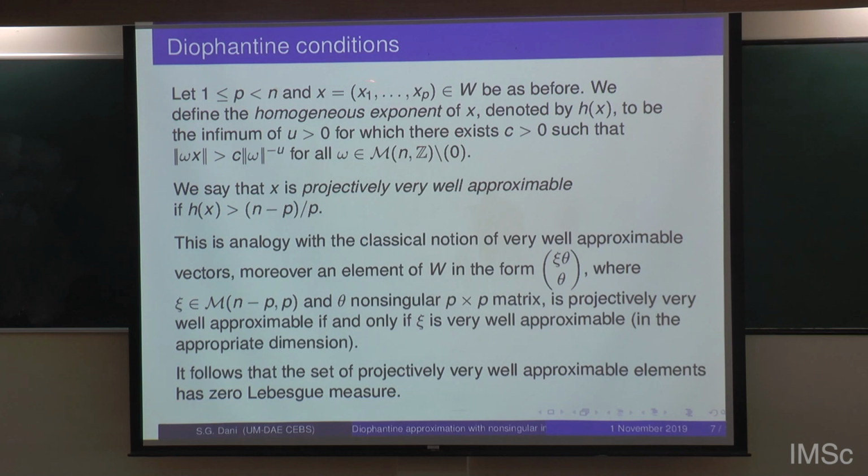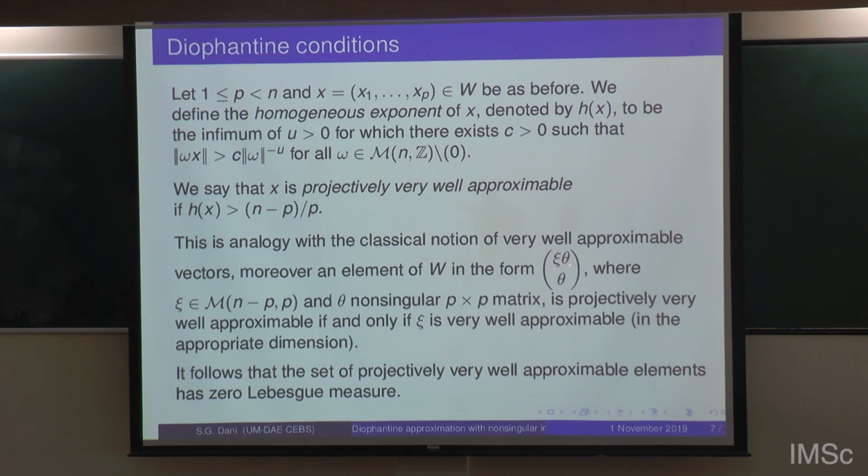For almost all of these, there will be a block, where theta is a p cross p non-singular matrix, up to interchange of rows. You can take a non-singular matrix here, and you write the part at the top as xi times theta.